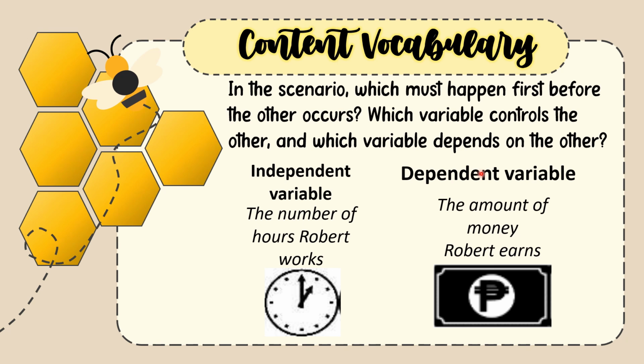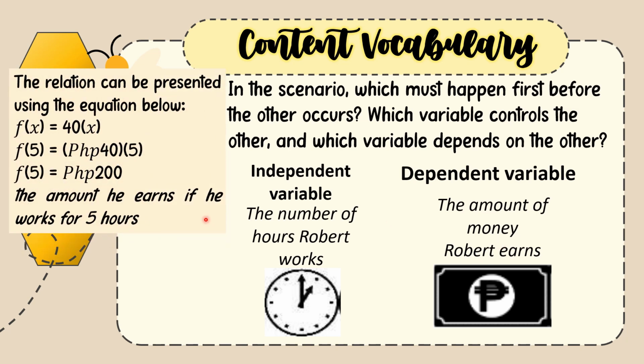If you can see, the amount of money Robert earns is actually a function of the number of hours he works. For instance, if he earns 40 pesos for every hour he works, then he earns 200 pesos for working 5 hours. The relation can be presented using this equation: f(x) = 40x.